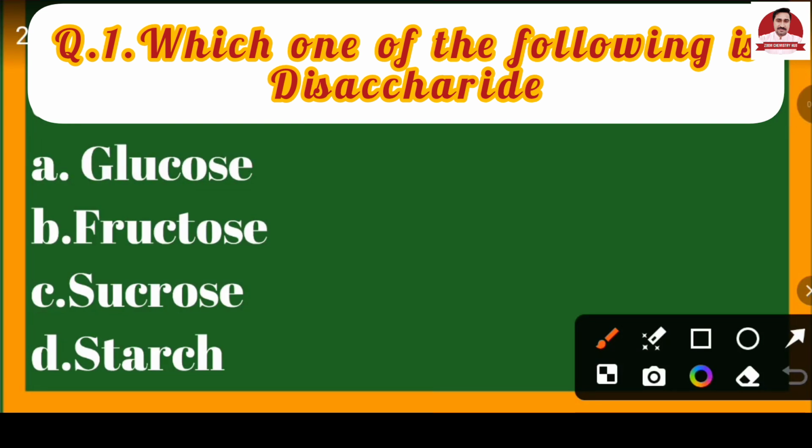Let's start now. Question number 1. Which of the following is a disaccharide? Option A glucose, option B fructose, option C sucrose, and option D starch. So we know that sucrose is made up of two monosaccharides, that is fructose and glucose.